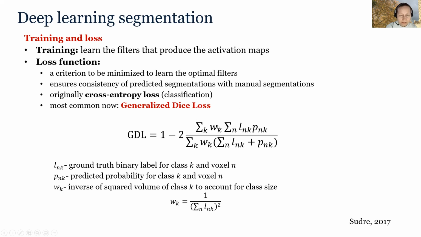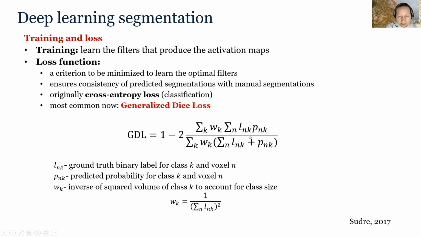So these weights can be designed to be inversely proportional to the volume, so that the small classes are taken into account equally with the large classes. And in this formulation, we have the inverse of the square volume of class k as a weight to account for the class size. Okay, so now we established that this part is the intersection.